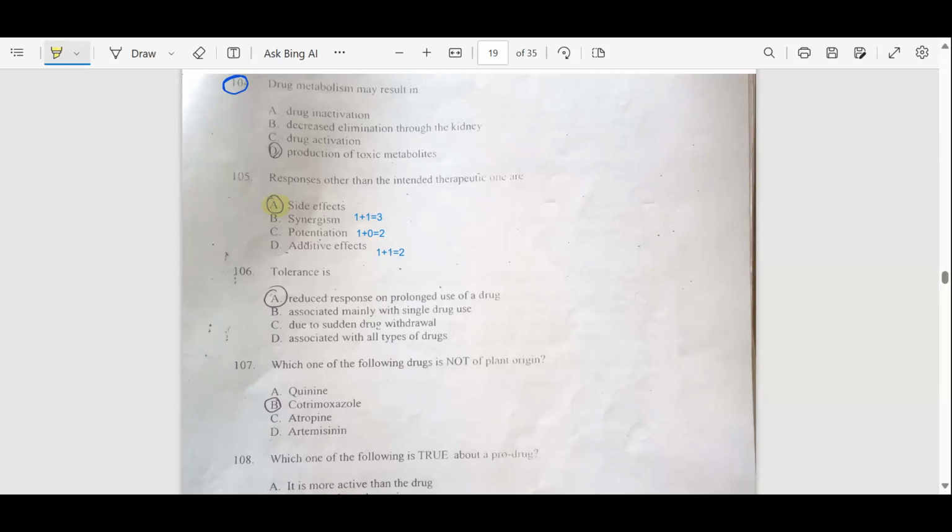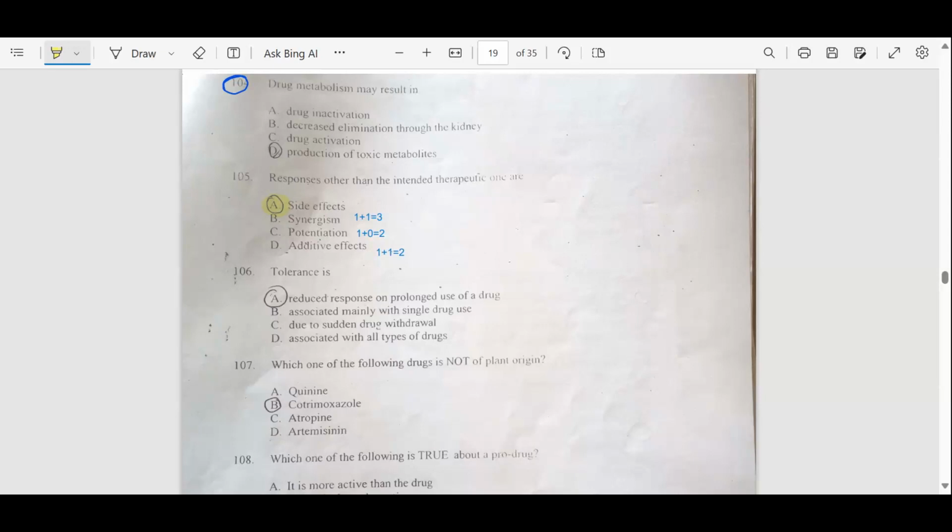Anyway, I think side effects are the ones which we can understand pharmacologically, like why they've come about, but adverse effects are the ones which we cannot explain.